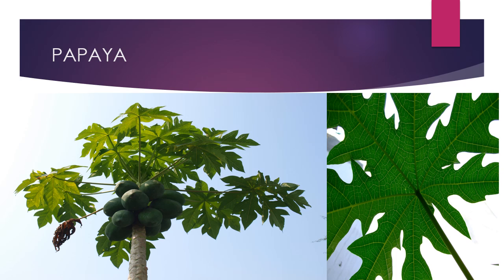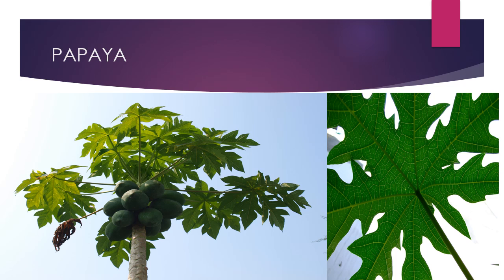We are familiar with the leaves. We can easily identify a plant or a tree. Now here, leaves of some plants are shown to you and you have to identify their names.